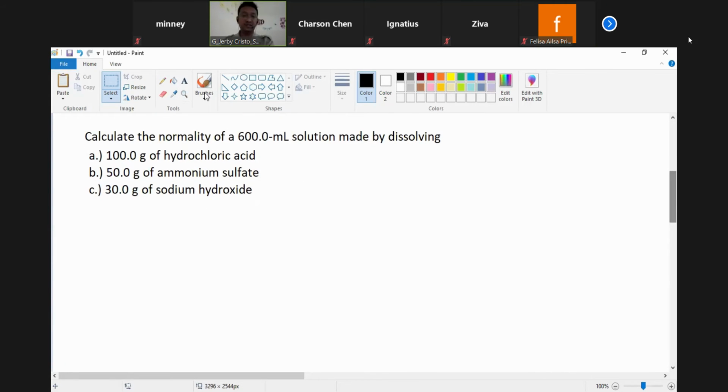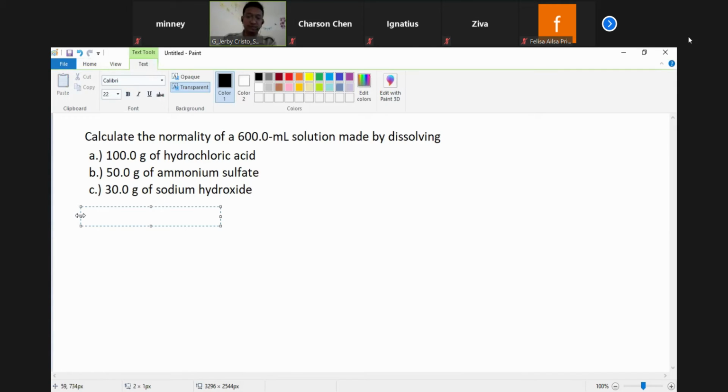So here we are given the volume of the solution made by the following solutes, and the volume is 600 ml. Are we using 600 ml in our calculation? Yes or no? And if not, what should we use as volume? Change to liter.